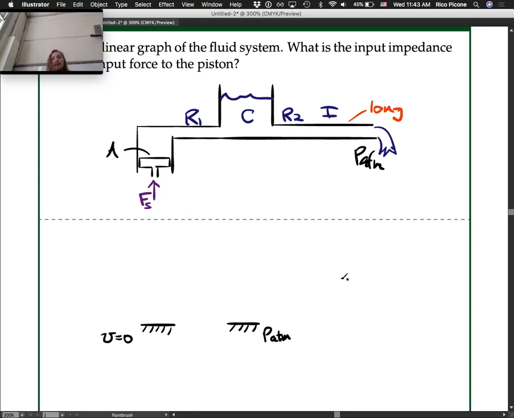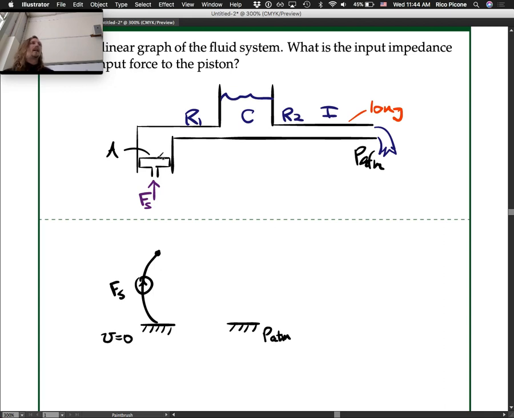Okay, so we've got ourselves a mechanical side that's pretty much just a force source, right? We have a force source that comes in, and it immediately goes through this transducer. This transducer takes a force and it gives us what?